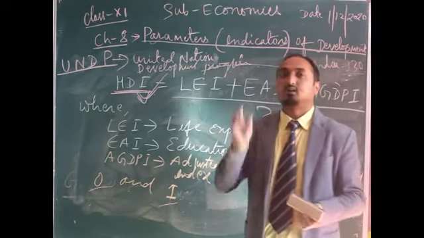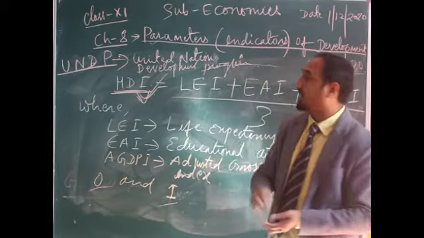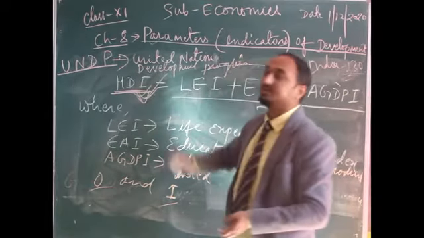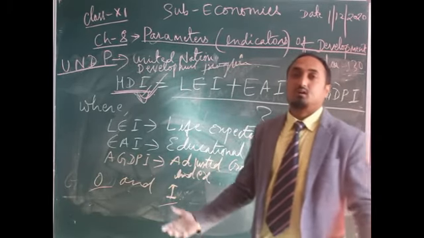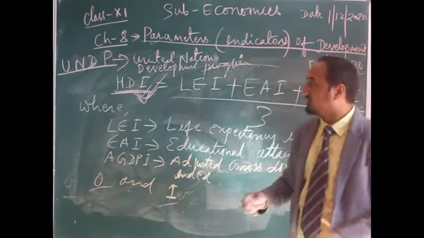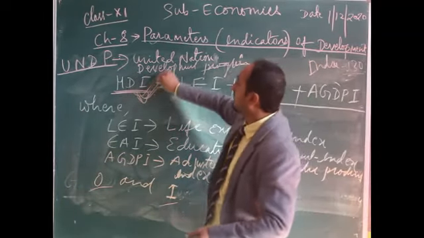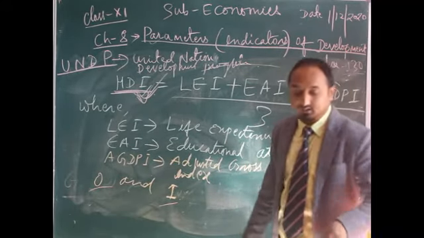These two persons prepared a report and constructed this HDI index, and with the help of the index, we can now measure how the country is developing, progressing, and where it is lacking. With the help of this HDI, we can measure the rank or performance of the country.